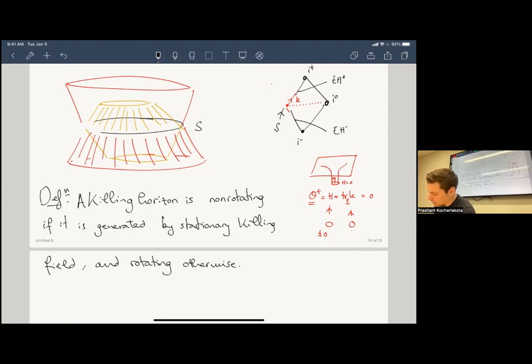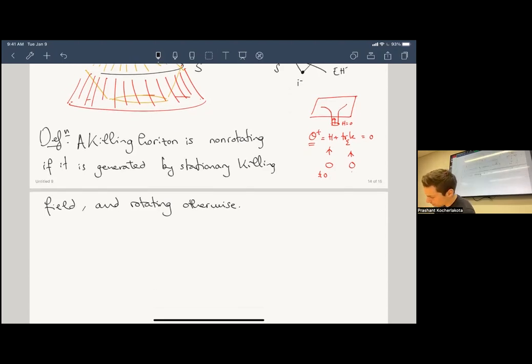Okay, so now rotation. A killing horizon is non-rotating if it's generated by the stationary killing field, and rotating otherwise. Remember, the stationary killing field is the field that in a neighborhood of infinity is time-like.